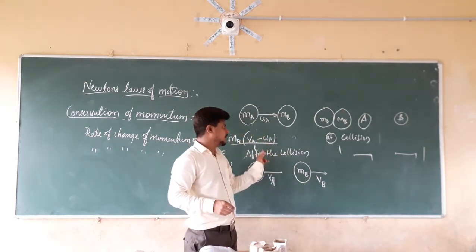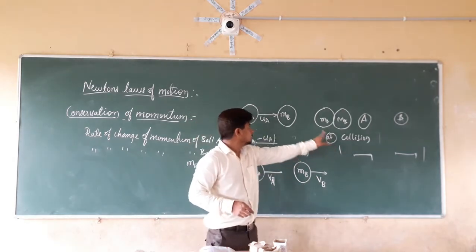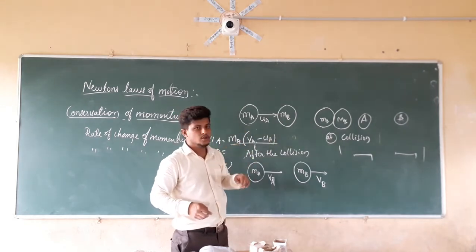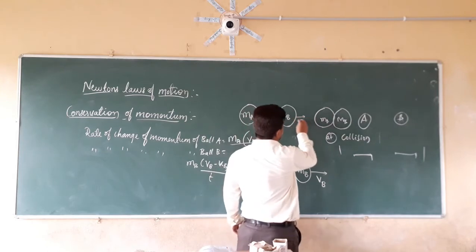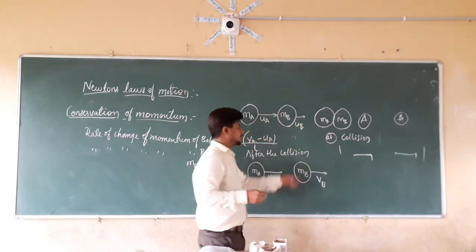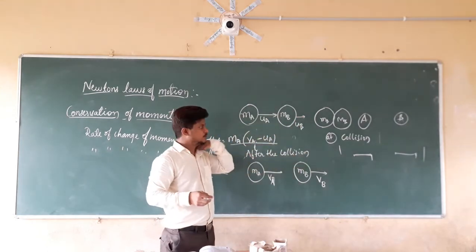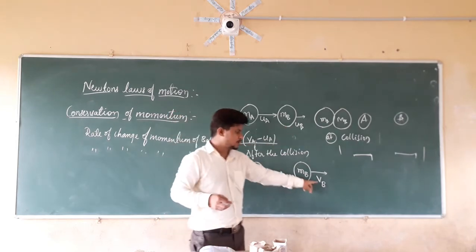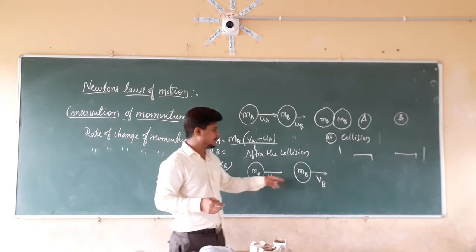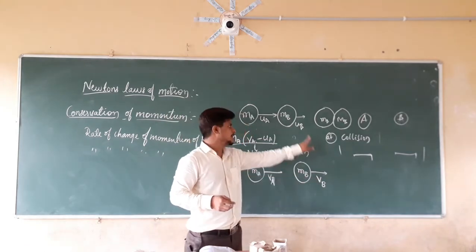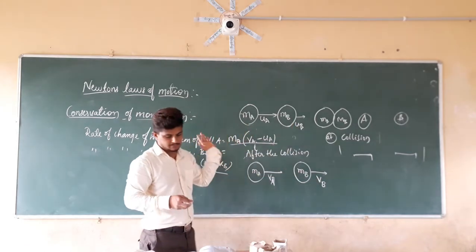Before the collision, the speed will be UB. Therefore, the rate of change of momentum can be given as MB times (VB minus UB) divided by T.